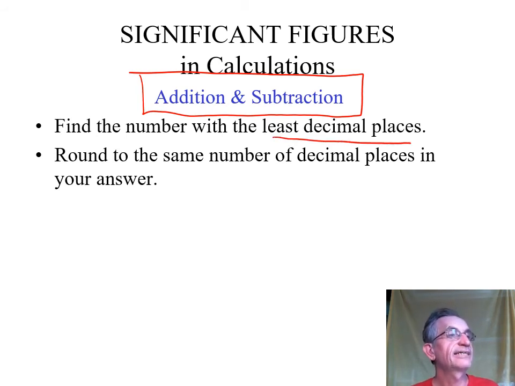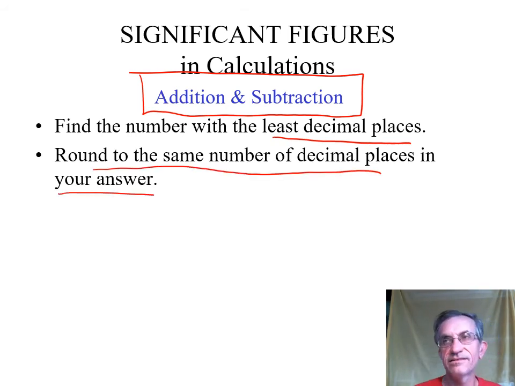Notice that I did not say sig figs, and you will round to the same number of decimal places in your answer. So you still go by the least amount, but we're going to go by the least amount of decimal places now. All right, let me show you a couple.